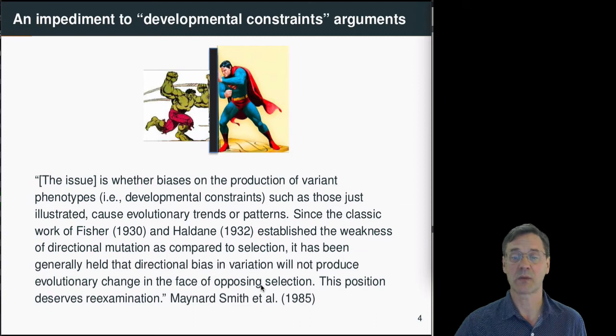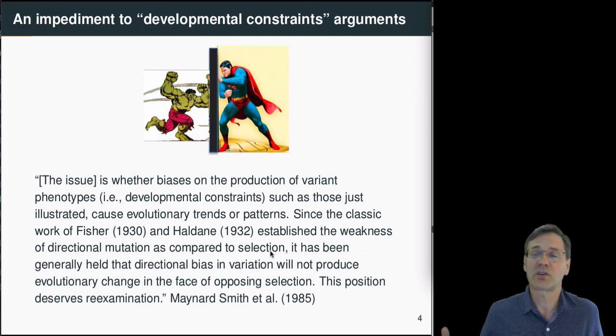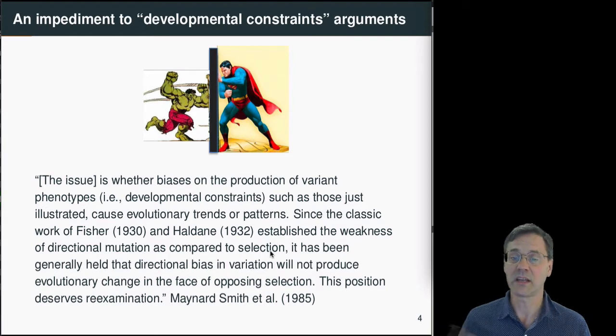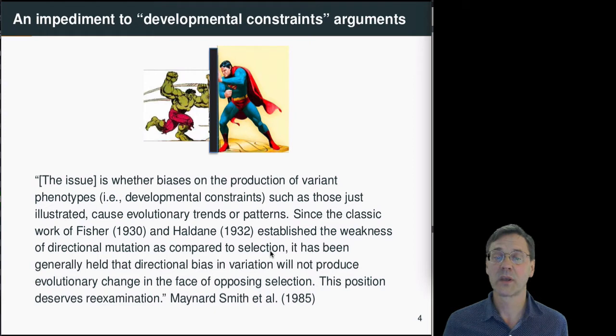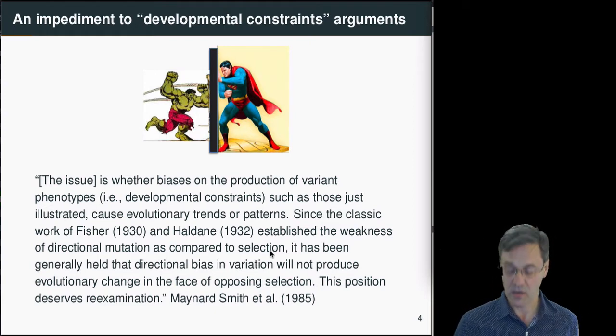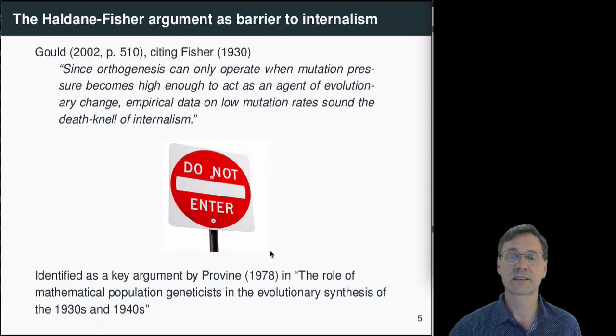They called for a reexamination, but did not provide one. And so critics later complained that the advocates of developmental constraint had not provided any evolutionary mechanism. Even today, the concept of developmental constraint or bias is used without a causal grounding in population genetics.